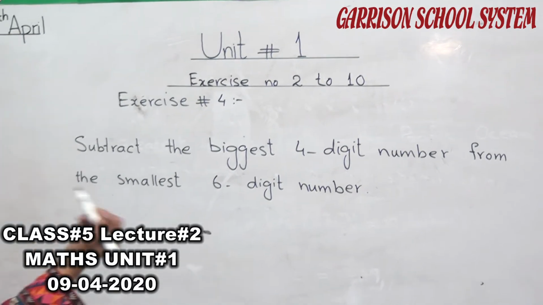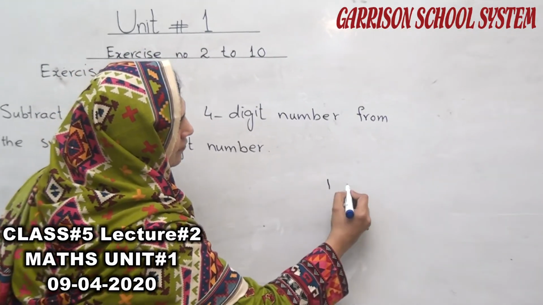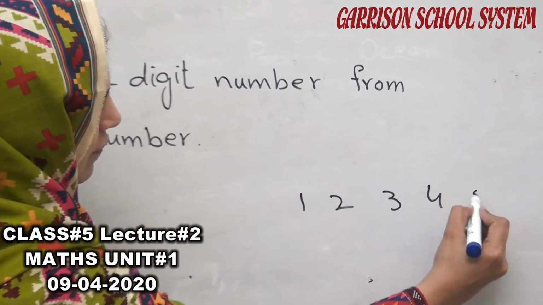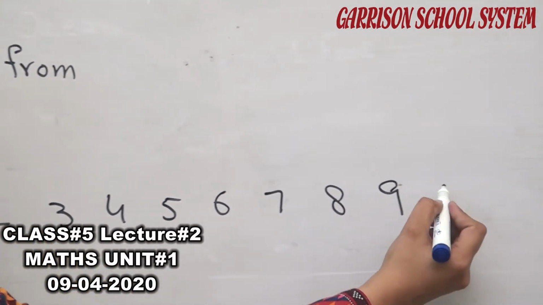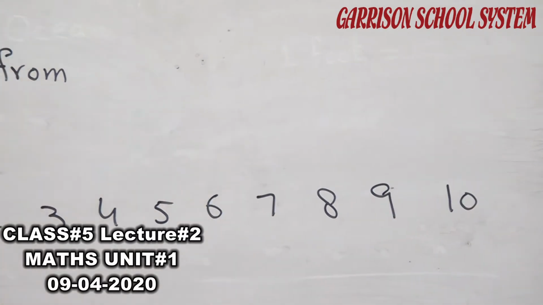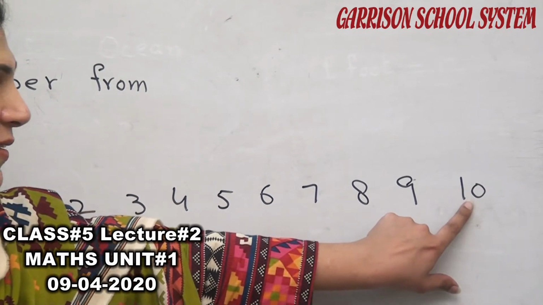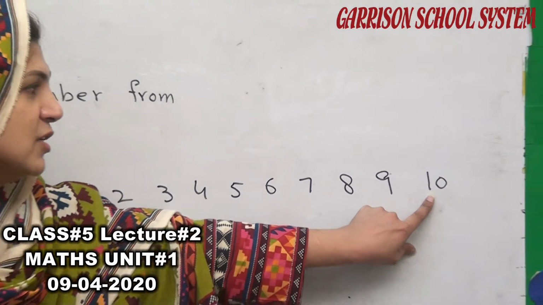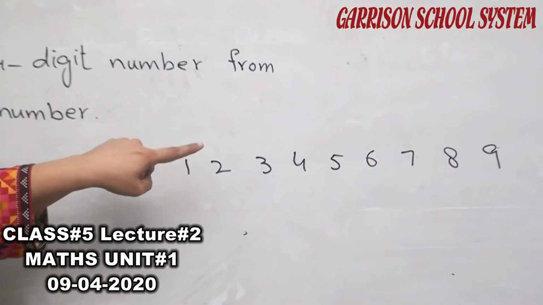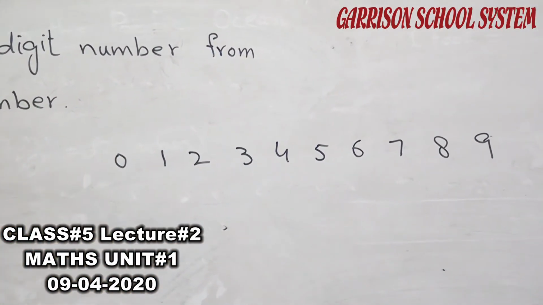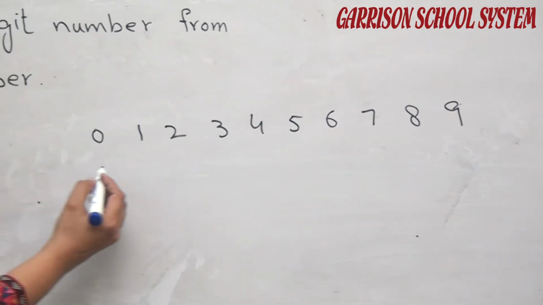Students, have you seen 1, 2, 3, 4, 5, 6, 7, 8, 9, 10? This is the 1-digit number line. Now this number is a 2-digit number. So we can say this line is the 1-digit numbers, starting from 0 up to 9.